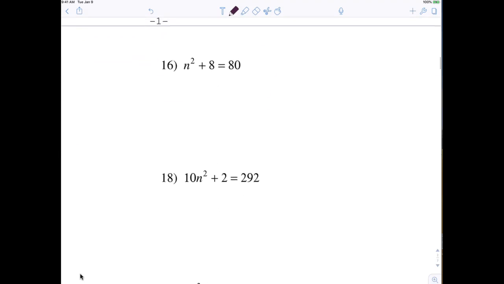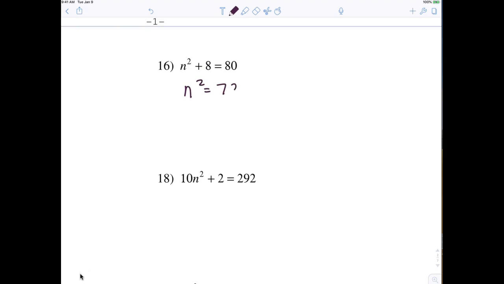Okay, next. Isolating. We have n squared is equal to 72. Now, you take the square root. I would like for you to say plus or minus.